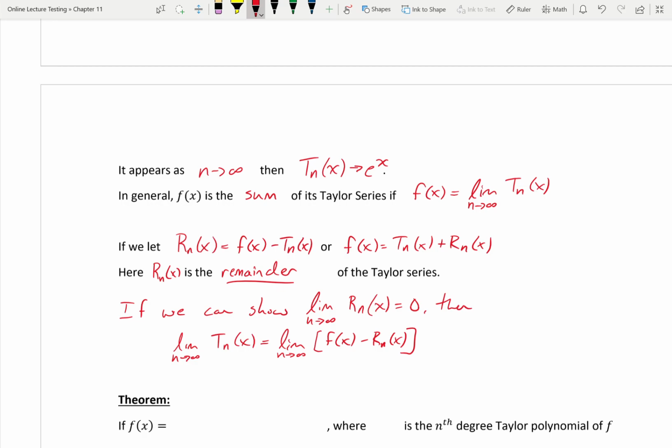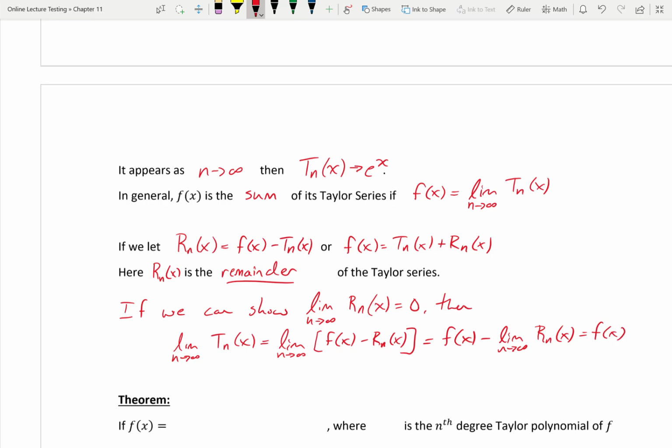If I split this up as the limit as n approaches infinity of f of x, well, in fact, we already know what that is since this is not affected by n. This would be f of x minus the limit as n approaches infinity of r sub n of x. This is what we want to show.